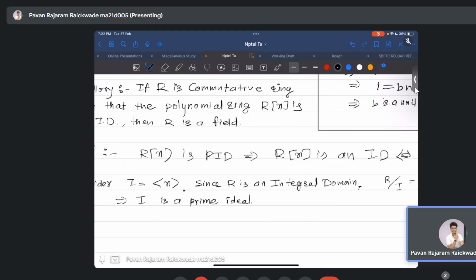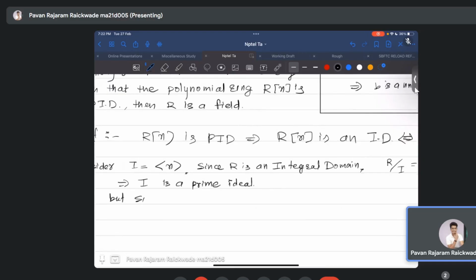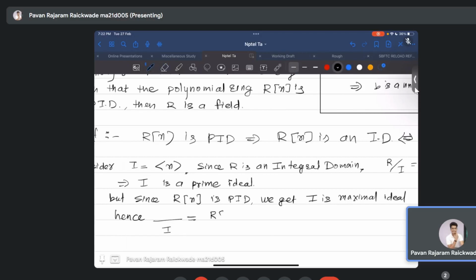But we know in a PID, every prime ideal is maximal. So we get I is a maximal ideal, hence R[x] quotient the ideal generated by x, which is equal to R, is a field.